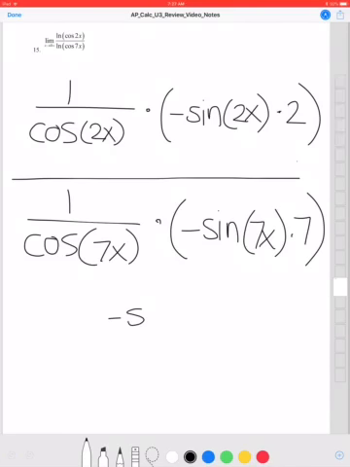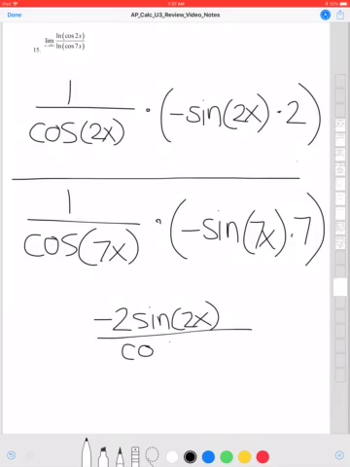Beautiful. Alright, let's rewrite it, clean it up, and move the 2 to the front. The sine of 2x in the numerator.